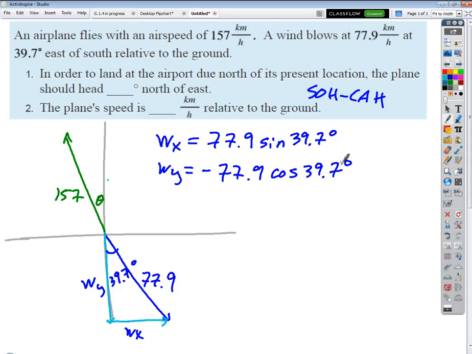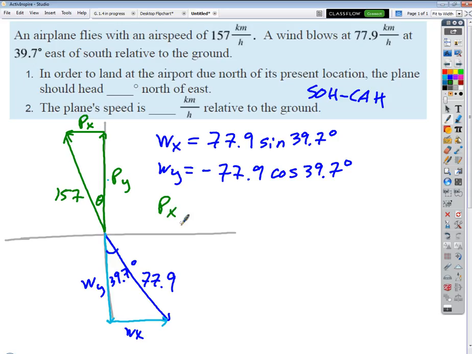All right, so we don't know what theta is yet, right? But in terms of theta, which we're trying to find, what is going to be the x component of the plane's motion? Well, it's going to have to equal the x component of the wind, but if I were to draw this as components here, call it p sub y, and that's p sub x.